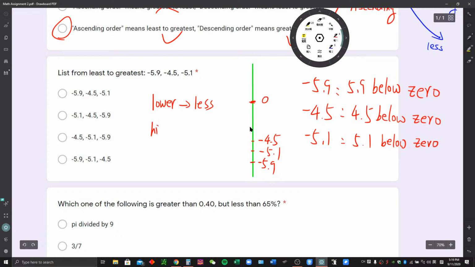The higher, the greater. So least to greatest, which one is least, which one is the lowest? Negative 5.9, and then negative 5.1, and then negative 4.5. And that should be this one.